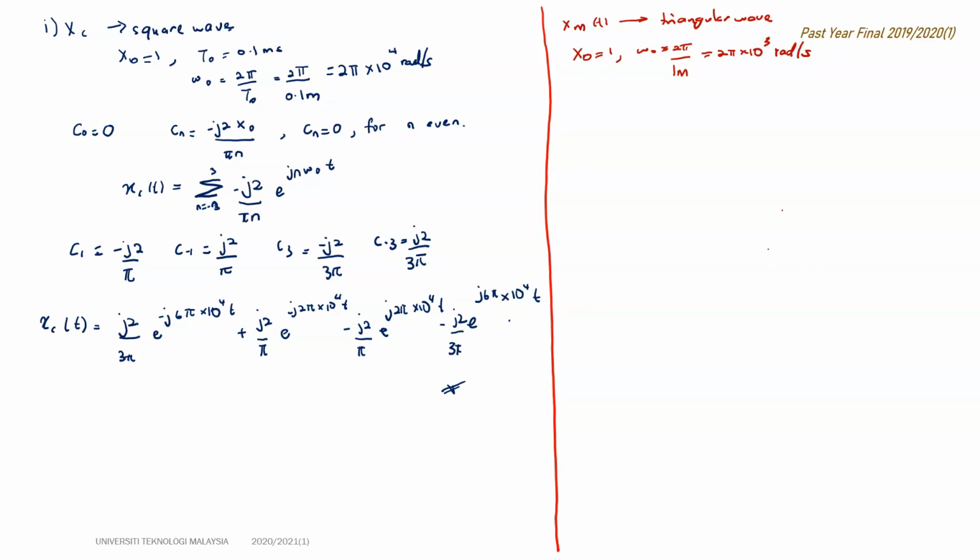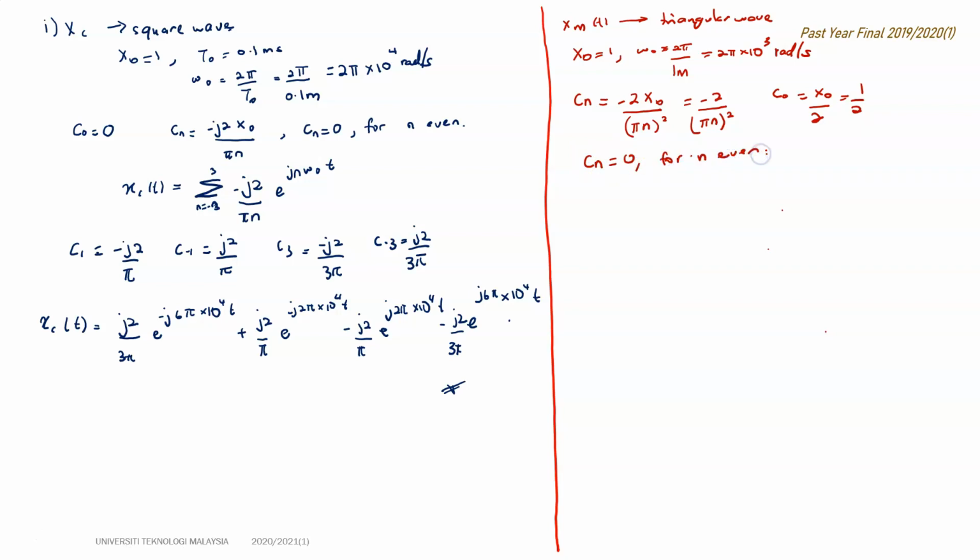Then from the formula, you find out that Cn is equal to negative 2 x0 over pi n squared. Since x0 is equal to 1, Cn is equal to negative 2 divided by pi n squared. And C0 is equal to x0 over 2, which is 1 over 2. There is also a remark here where Cn is equal to 0 for n even.